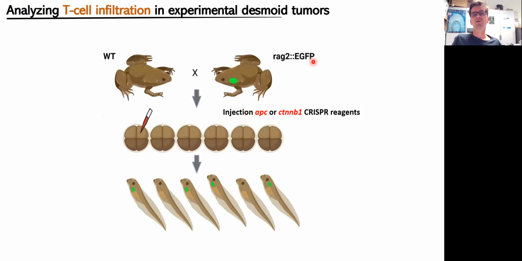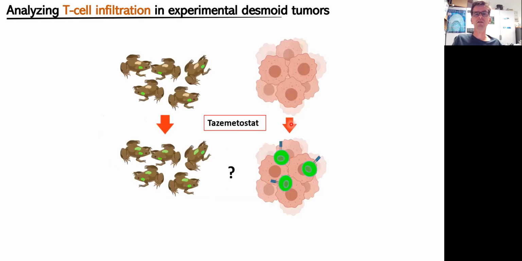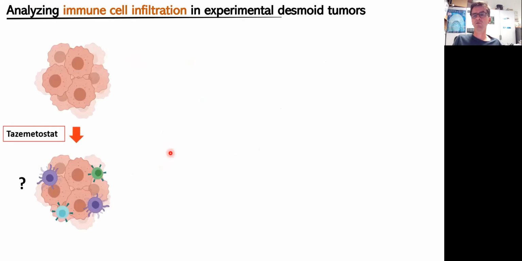So how do we want to investigate these models? First of all, we want to use a RAC2 GFP line that we have. Embryos derived from this line will be injected with APC or beta-catenin CRISPR reagents. In the resulting animals, we will investigate whether tazemetostat treatment leads to recruitment of the fluorescent T cells to the tumor. Of course, anti-tumor immune responses can also be mediated by other immune cells like natural killer cells.